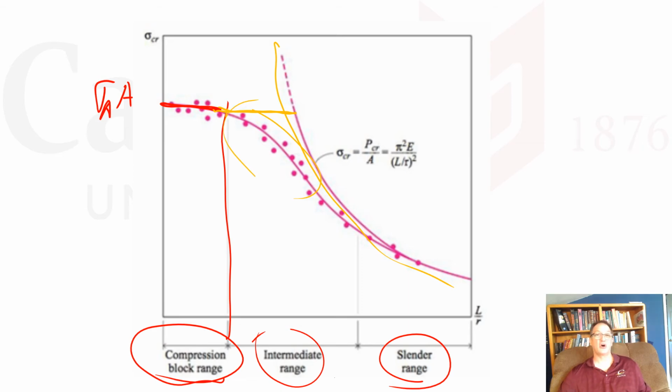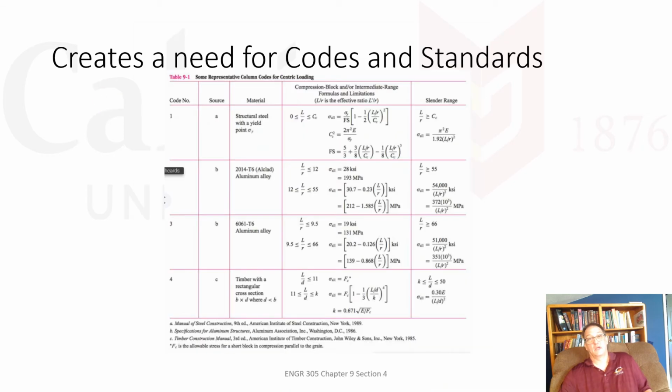In order to address this, because that's not a good place for engineers to be, where we're making all these judgment calls, because our judgment's always open to interpretation, and if we had a failure, we really don't want to be there. The way that gets solved is codes and standards. From our textbook, they listed 4 different ways of looking at what material we have, how we design with it, and who's writing the standard.